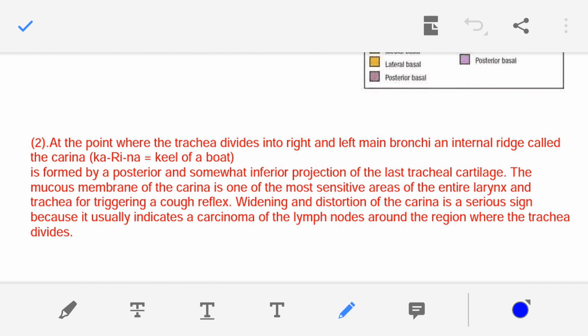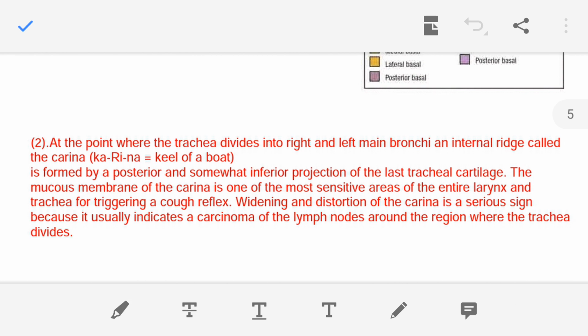So any unwanted substances in the inhaled air, let's say smoke, dust particles or allergic substances, the mucous membrane of the carina triggers and produces the coughing reflex. So when we inhale unwanted substances, this cough reflex is triggered and we start coughing, due to the carina.